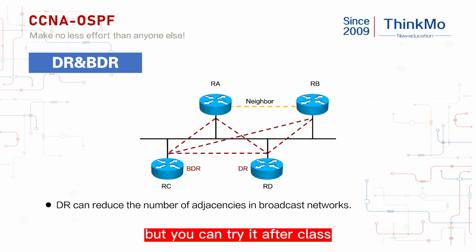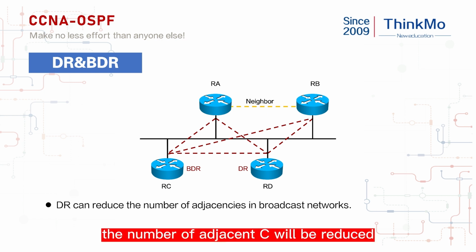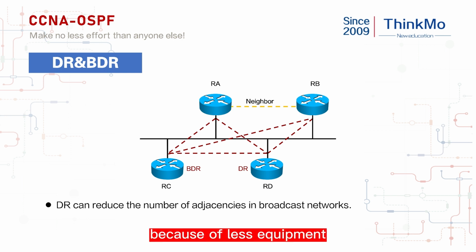You can try it after class with 5 devices, 6 devices, 7 devices, or even more. You will see the number of adjacencies is reduced. You can't see it this way because there is less equipment. If there are many devices, you can see the difference.